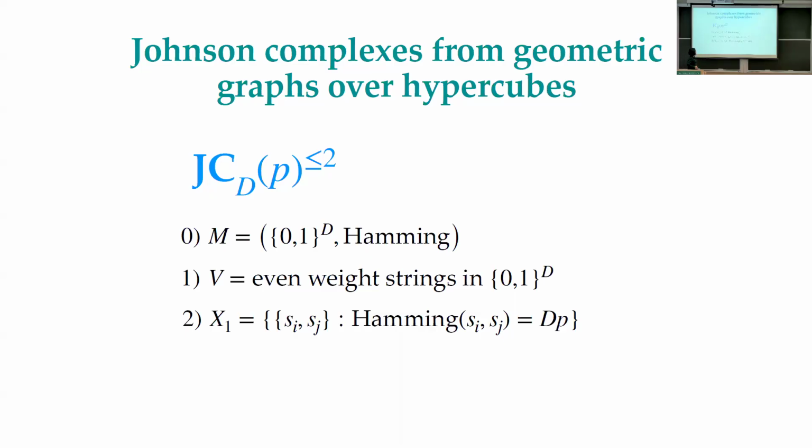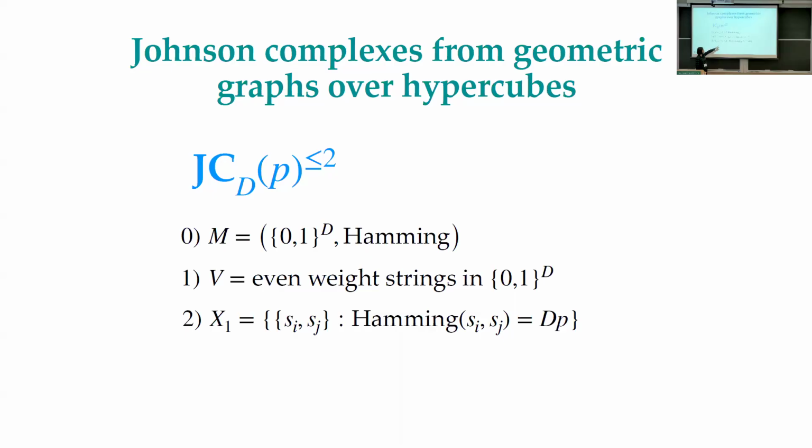And we connect two strings if their Hamming distance is equal to d times p. Maybe you notice that there's a slight difference. Previously, when I said geometric graph, I connected things as long as their distance is smaller than some threshold. Here, I'm picking equal to, but I feel all the intuition still holds because of concentration.